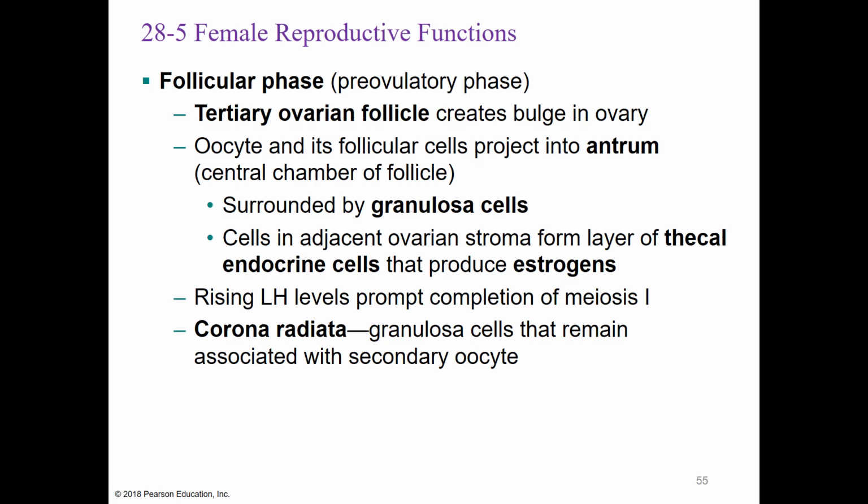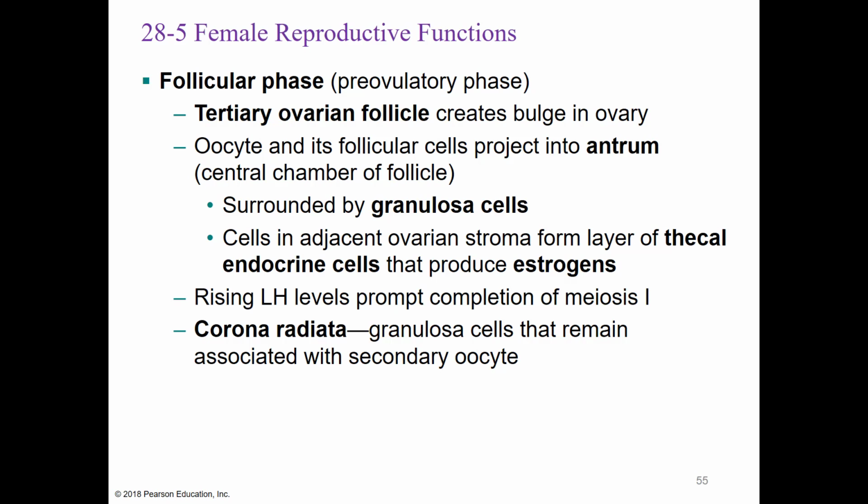It is surrounded by granulosa cells, and cells in the adjacent ovarian stroma will form a layer of thecal endocrine cells that will make estrogen. Rising levels of LH will prompt completion of meiosis 1.